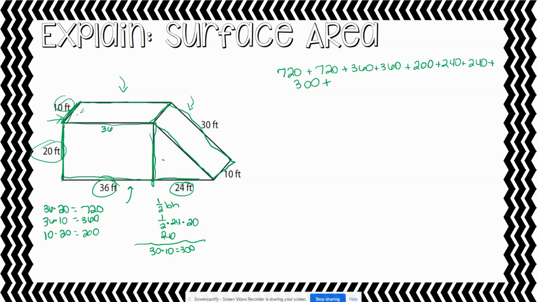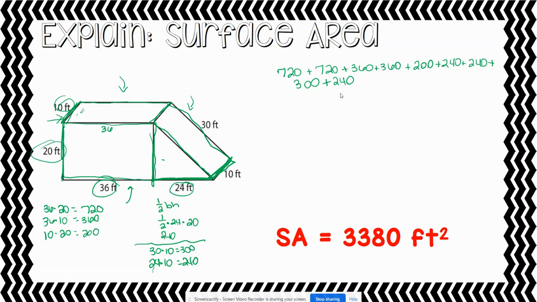So there is the bottom of this that I don't even see, but I know there's a bottom. And this would be 24 feet, and this part of it would be 10 feet. So I would do 24 times 10 to get 240. Now I'm going to add all of this together, and I'm going to get a surface area of 3,380 feet squared, I'm sorry.